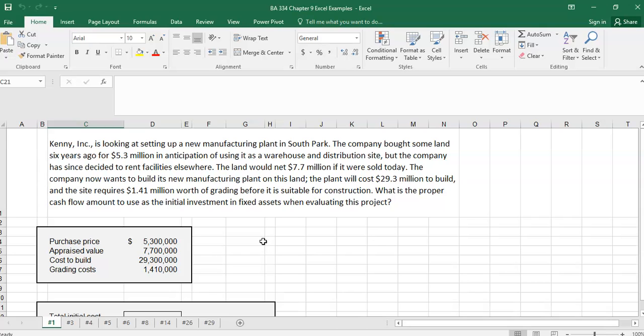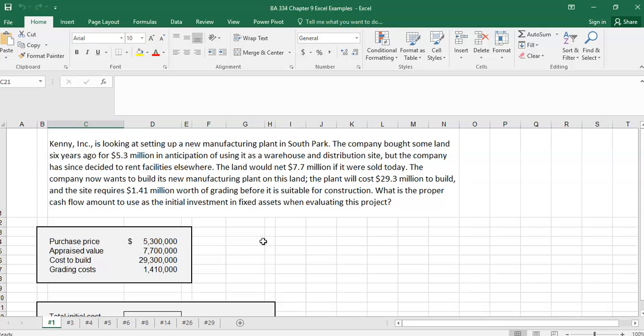The land's market value is currently $7.7 million. We are going to build a plant that is going to cost $29.3 million to build. The site requires $1.41 million worth of grading before it is suitable for construction.